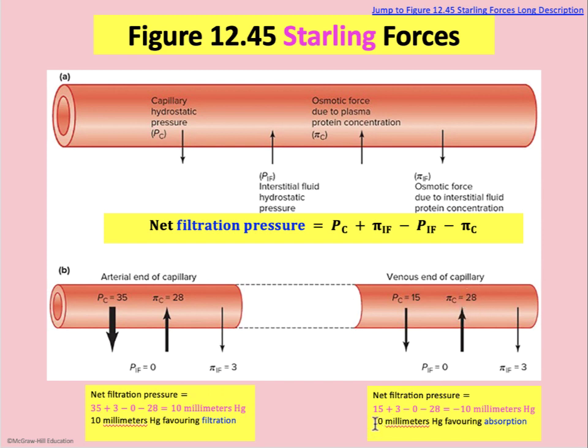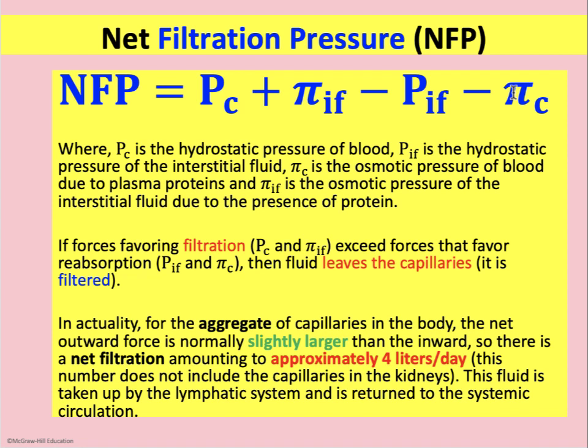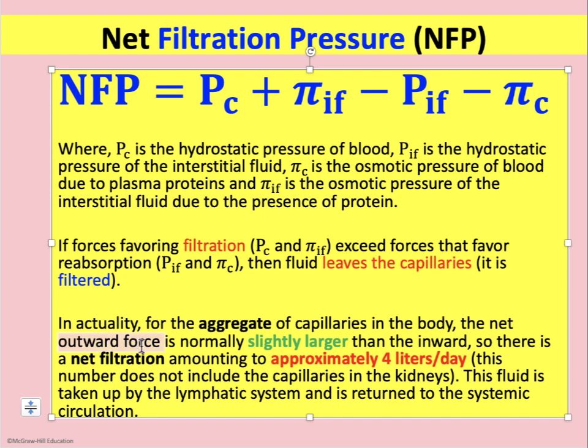Now the pressure difference between the two is exactly the same. So here the filtration pressure is 10 millimeters of mercury. Here the absorption pressure is 10 millimeters of mercury. The amazing thing is that this little seesaw of forces is enough to allow the capillaries in the body to generate a net outward force that's slightly greater than the pulling force back into the capillaries.